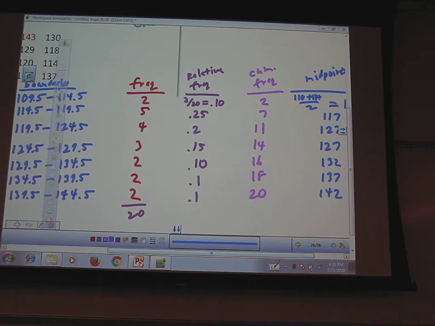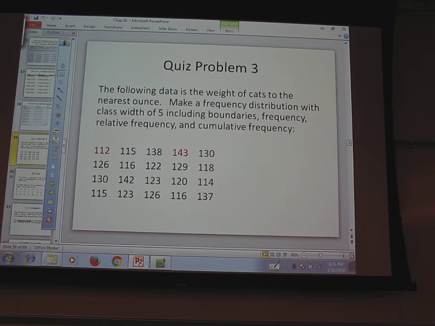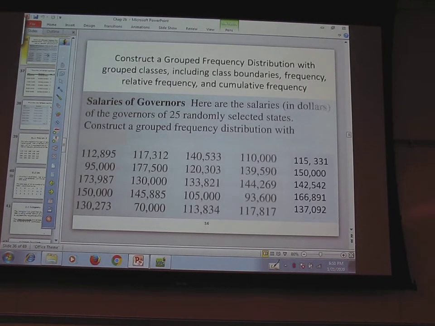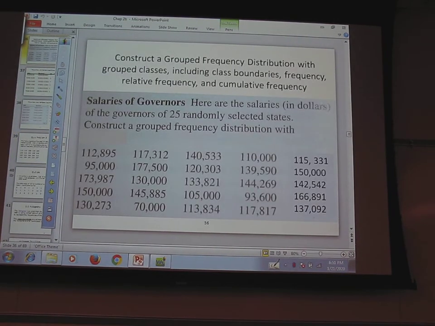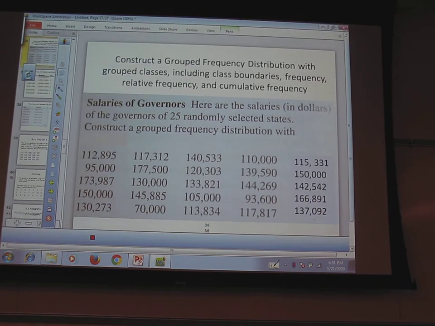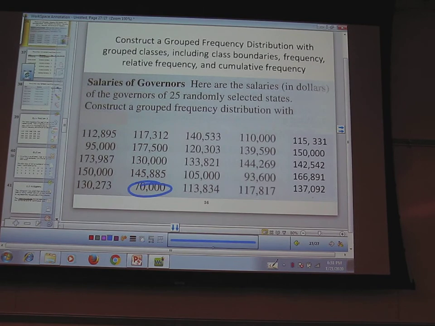Okay, let's go ahead and take a look at your problem. So your problem was this one here. The classes you wanted to do, you said this is the lowest, and you want 20,000 as your width.